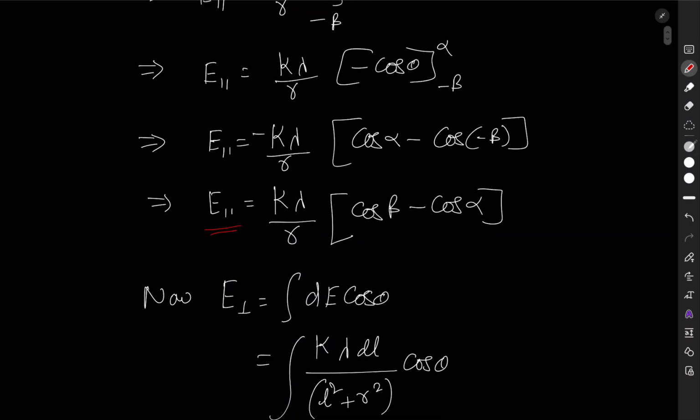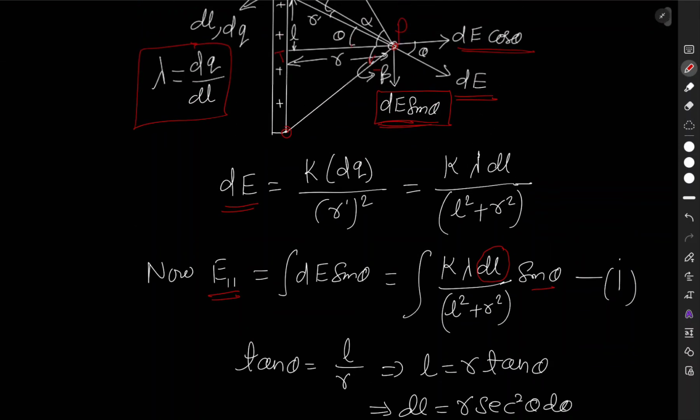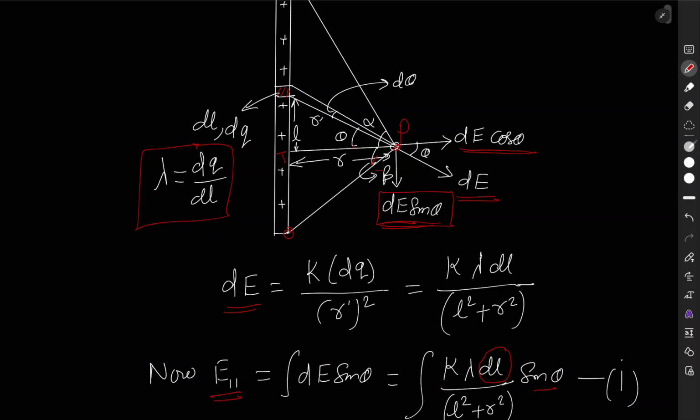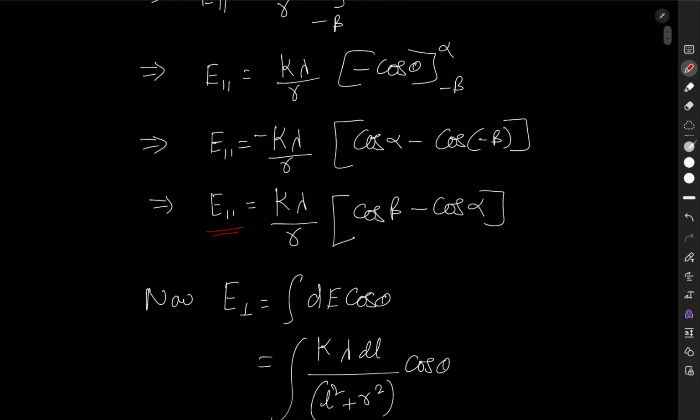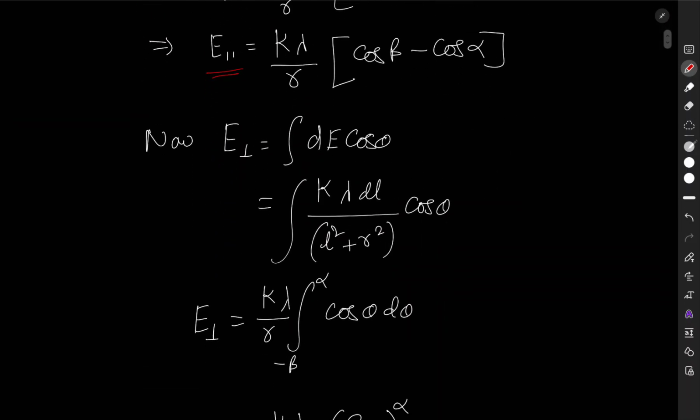Now we are going to talk about the perpendicular component. It means now we will have to integrate dE cos theta, with the limits from minus beta to alpha. Because we have already solved this part, we have seen k lambda upon r, and d theta also was there.